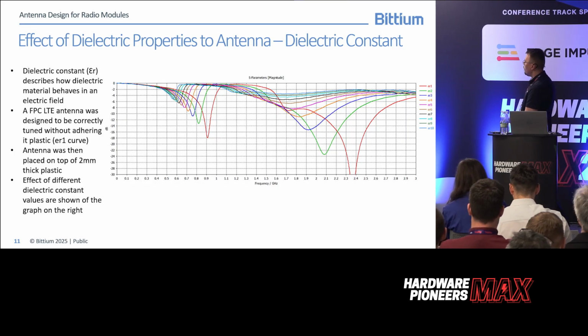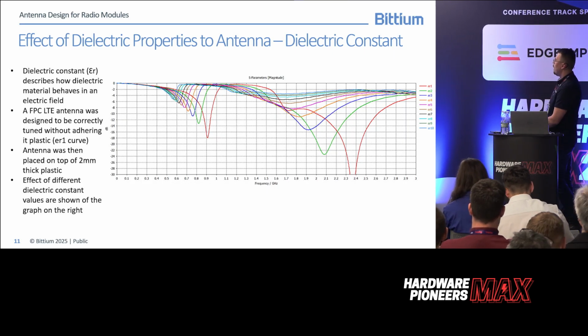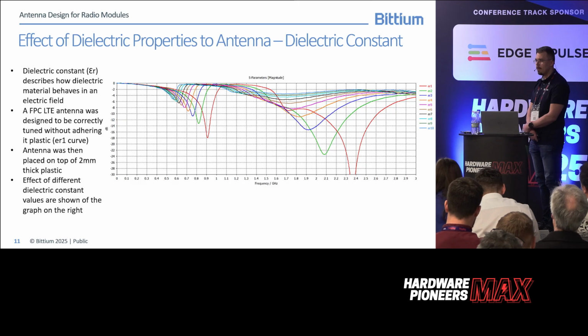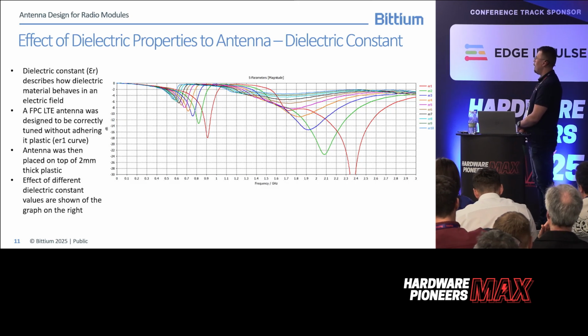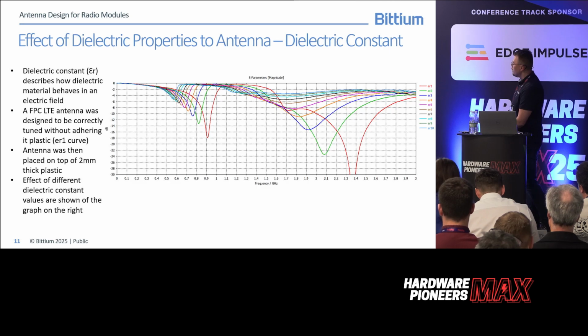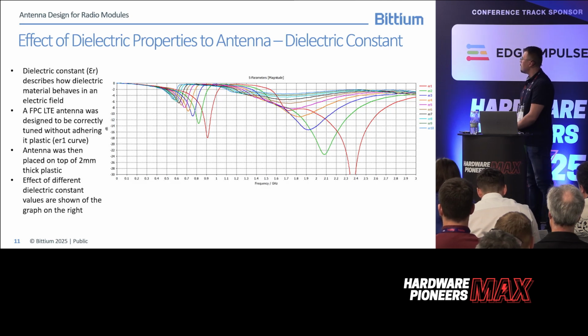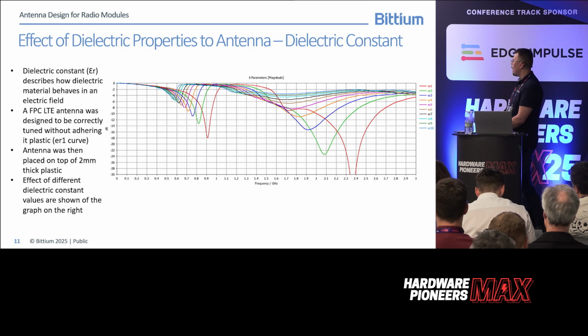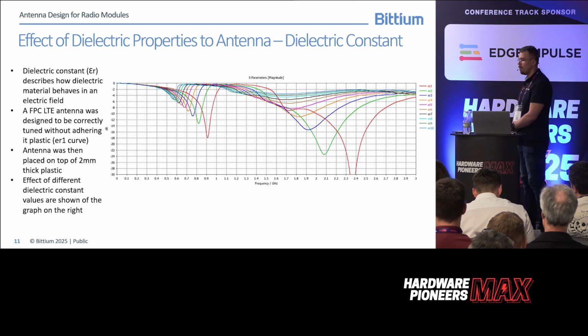So bear this in mind when you are selecting materials that are nearby your antenna, and take into account that this might be one of the reasons why your connectivity is bad when you are implementing off-the-shelf antennas.